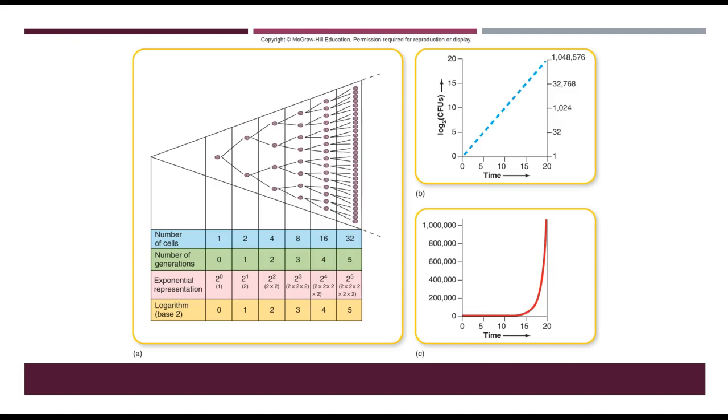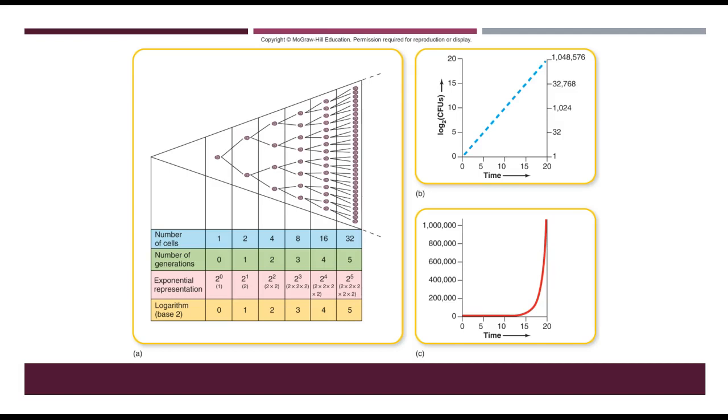We can also represent this exponentially in the pink band there. This also corresponds to the graph in C. This represents exponential growth. We start with 1, 2 to the 0 is equal to 1, 2 to the first power is 2, 2 to the second power is 4.